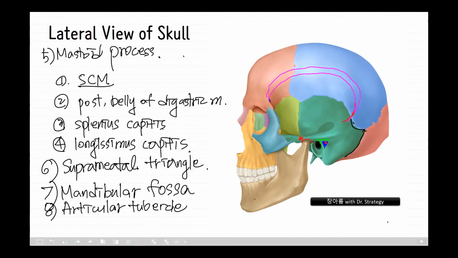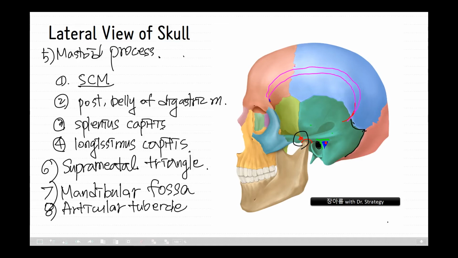Articular tubercle. The articular tubercle is located where I drew the star-shaped mark in this figure. As the zygomatic process of the temporal bone passes posteriorly, it widens and forms the articular tubercle of the mandibular fossa anteriorly.